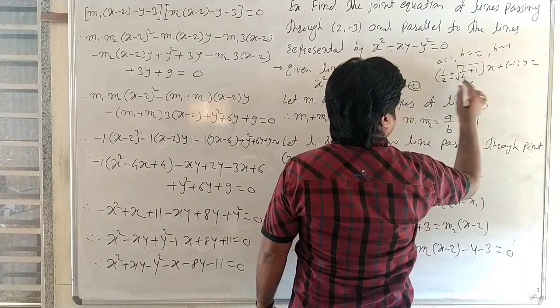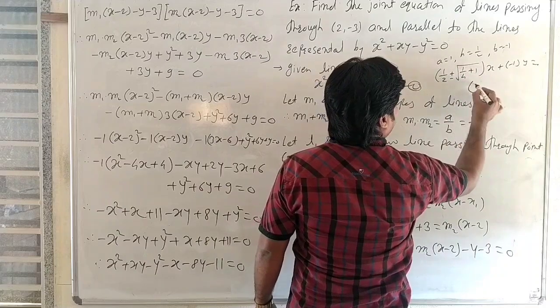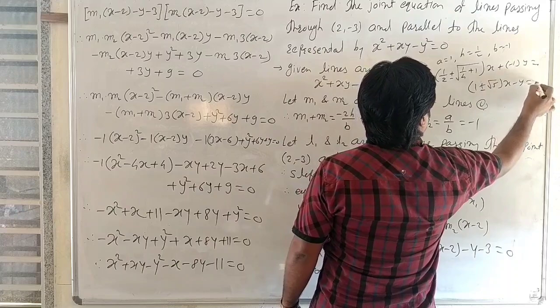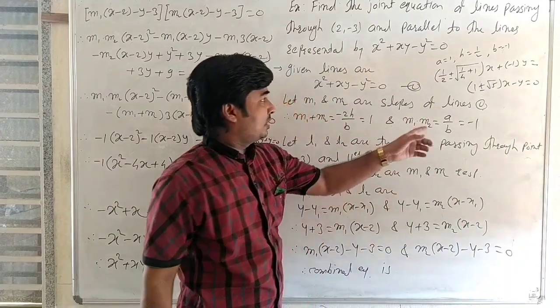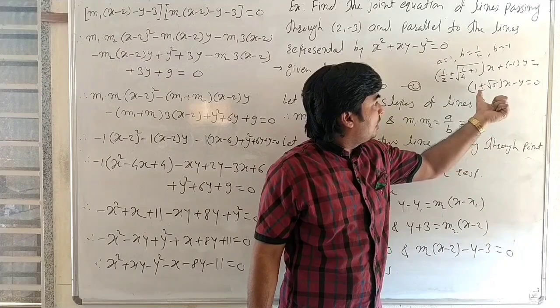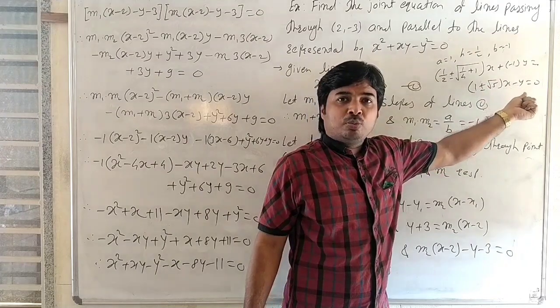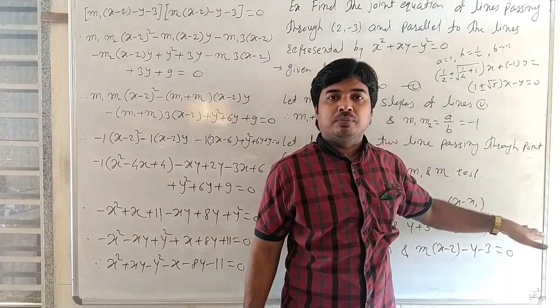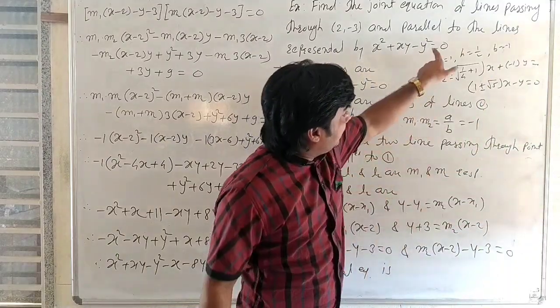Then it is 1 plus or minus under root 5 x and minus y equal to 0 are the separate equations. And then slope m1 is equal to 1 plus under root 5 and m2 is equal to 1 minus under root 5 and then find the combined equation. Okay, this is a lengthy method.